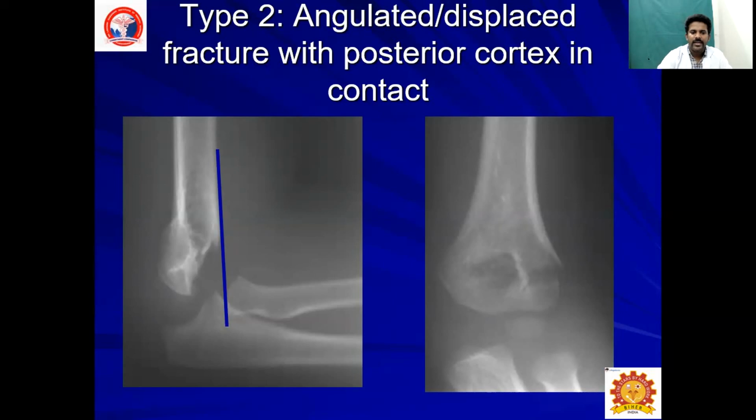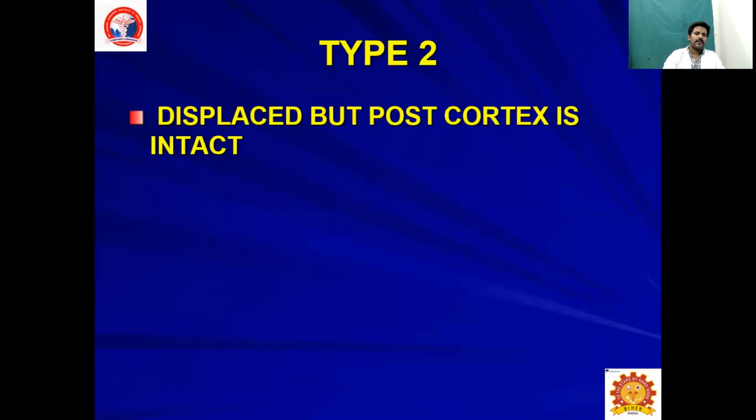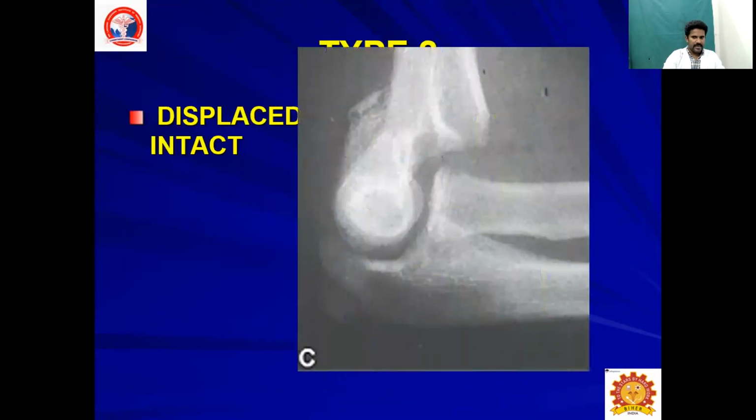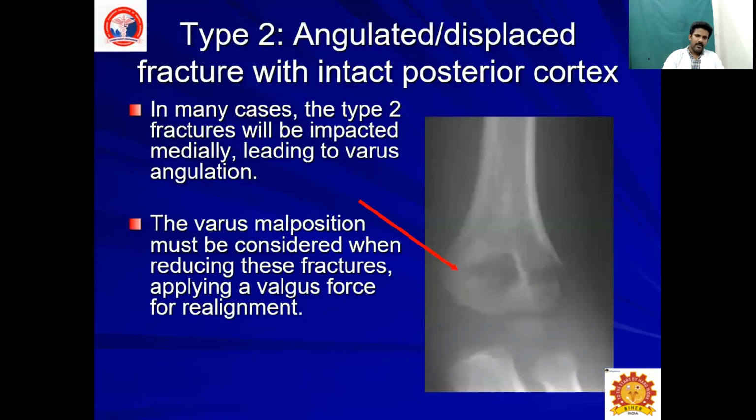Type 2 is angulated. The anterior cortex is breached. Displaced, but the posterior cortex is intact. The arrow shows the breached anterior cortex and intact posterior cortex. In an angulated displaced fracture with intact posterior cortex, in many cases the type 2 fracture will be impacted medially, leading to varus angulation.